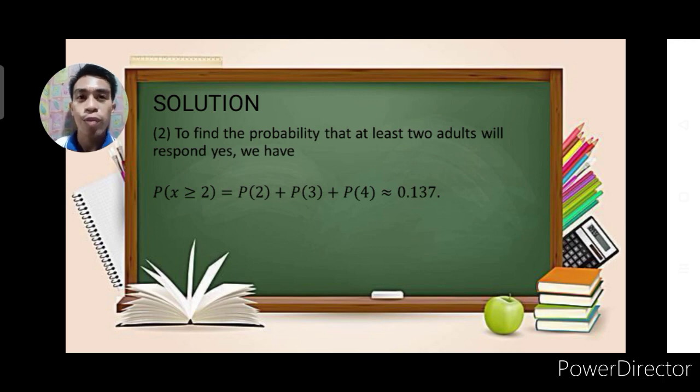To answer number 2, to find the probability that at least 2 adults will respond yes, we have probability of x greater than or equal to 2 is equal to probability of 2 plus probability of 3 plus probability of 4, that is approximately equal to 0.137.